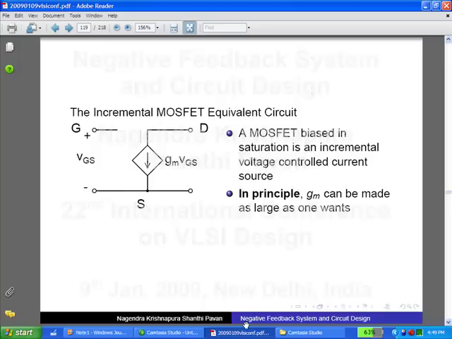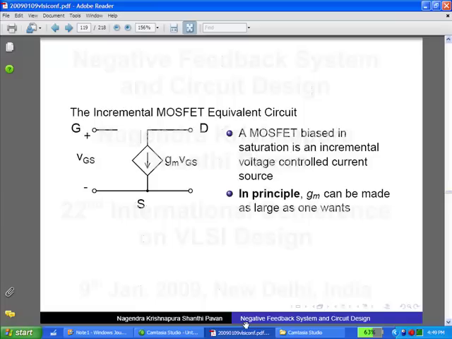So you can model the MOSFET as a voltage controlled current source, and in principle the GM can be as large as you want, correct? By simply burning as much current as you want, you can make GM infinity in principle.